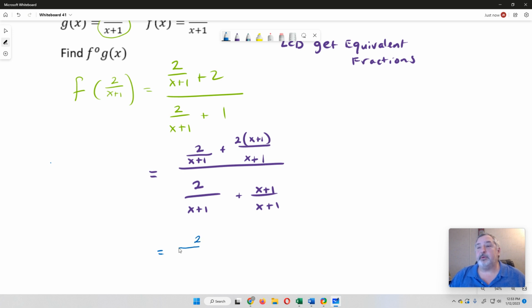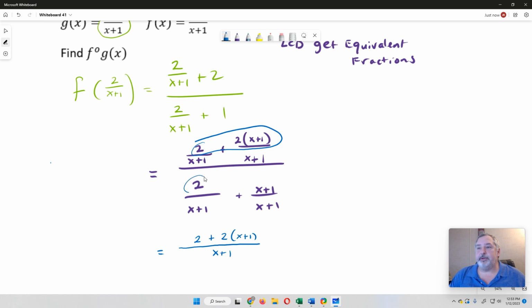What I'm going to do here is make one fraction for the numerator and one fraction for the denominator. So I've got x plus 1, I've got 2 plus 2 times x plus 1. That's my numerator, and that all comes from right here. That becomes the numerator over the denominator.